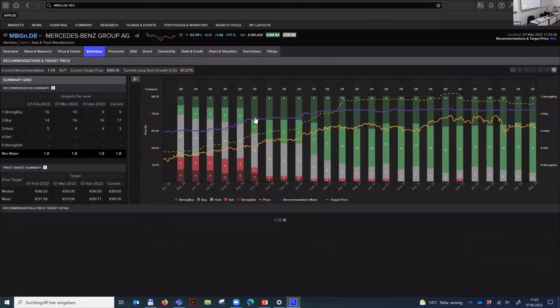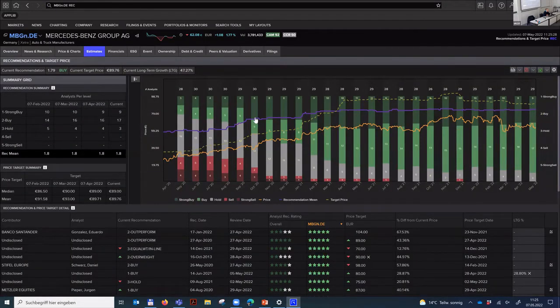And in turn, I would like to go with you directly to estimates. Here you have included under estimates really the estimates of all analysts covering Mercedes-Benz. To get the information of, let's say, for May 22, it says how many say strong buy, how many say buy, directly allocated here, and a mean price, a recommendation mean, and a target price.